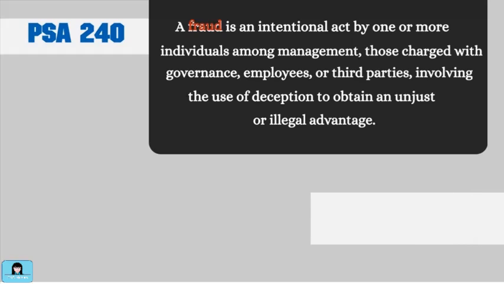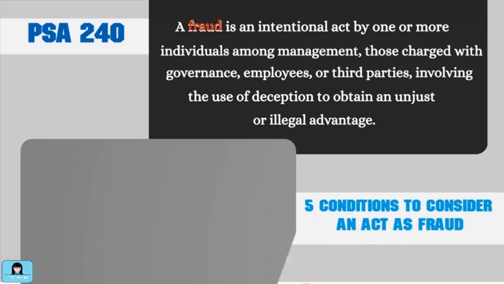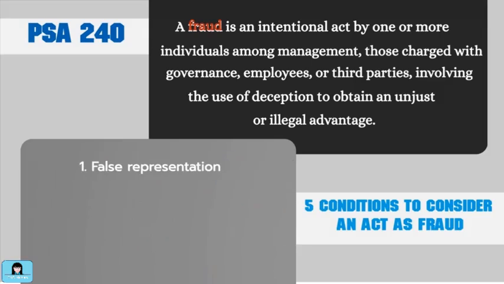According to common law, a fraudulent act must meet the following five conditions. First, there must be a false statement or a non-disclosure. Second, a fact must be a substantial factor in inducing someone to act.